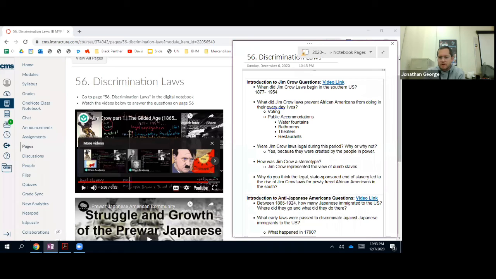Keeping that separation between Black and white Americans and taking away the voting rights of African Americans allowed white Americans to stay in power, to stay in control. So that's what we're looking at during this era. These laws were legal, not right, but legal, during this time, and they specifically targeted and discriminated against Black Americans.